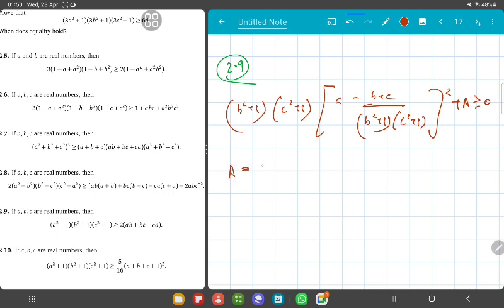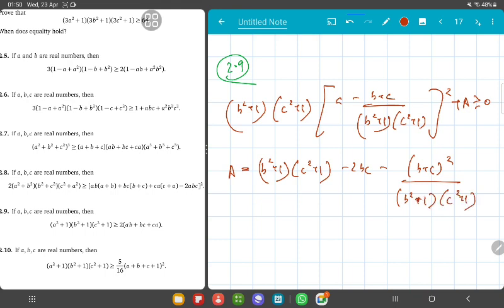And what is a here? (c square plus 1) minus twice bc(b plus c)(b square plus 1) plus 1. Now you need to show that a is greater than or equal to 0 by virtue of the Cauchy-Schwarz inequality. You can say a is greater than (b square plus 1)(c square plus 1) twice bc minus 1, b square c square plus (b minus c) square, greater than or equal to 0.